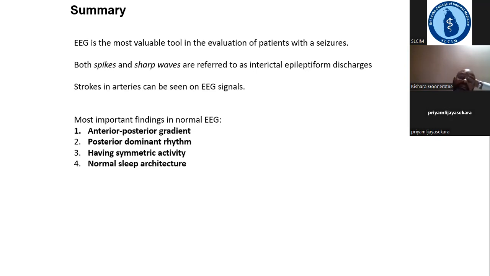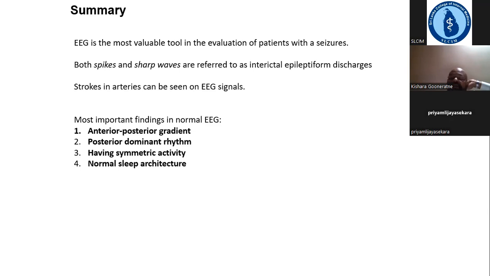Conditions like strokes can be seen on EEG as well, but EEG should not be a way of identifying strokes. And most importantly, to appreciate whether the EEG is abnormal, you need to appreciate what is normal.